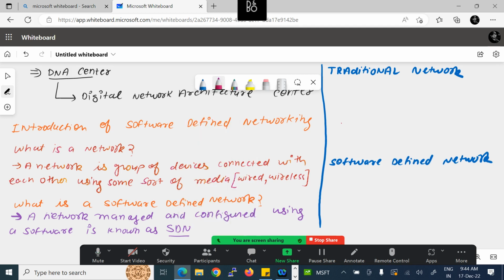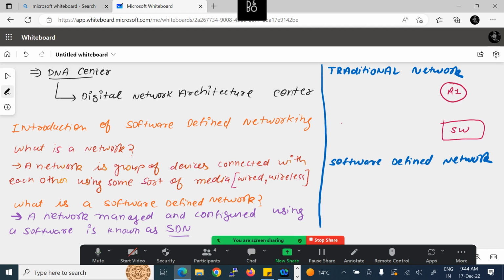We can have firewalls or other devices as well. So if I say I have one router and I have one switch, one router and one switch.